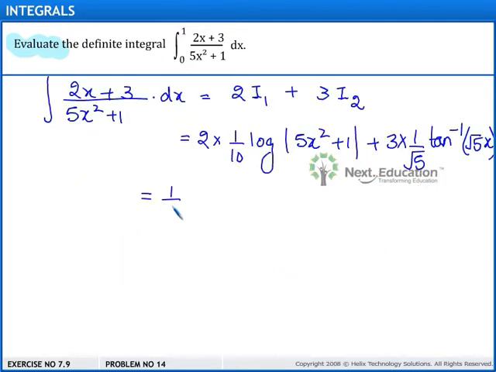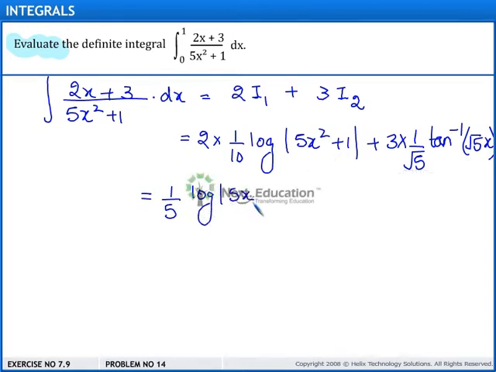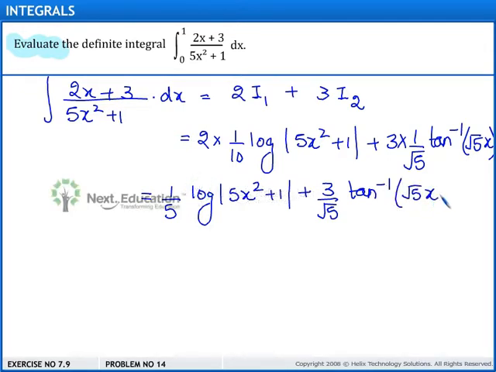This is equal to 1 upon 5 log mod of 5x square plus 1 plus 3 upon root over 5 tan inverse of root 5x.